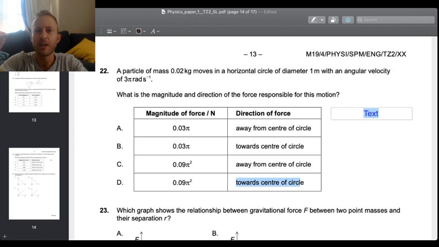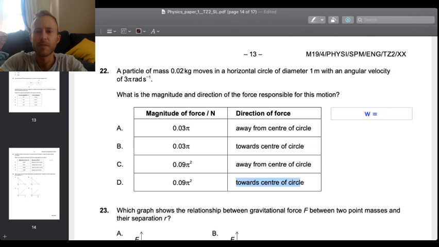One of the things I taught you is that the angular velocity omega is 2 pi over the period. So that says that 3 pi equals 2 pi over T. I'm going to do this a different way.